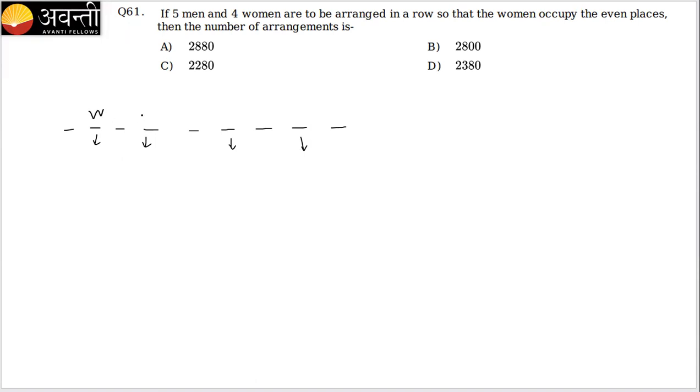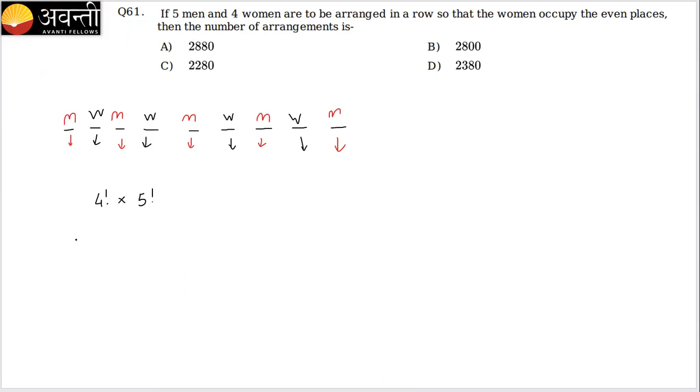Here we have to make women sit. So the total number of ways will be 4 factorial into the remaining places, which are 1, 2, 3, 4, and 5. Here men can sit. So if 5 places are for men, then the number of ways of arranging 5 men is 5 factorial.